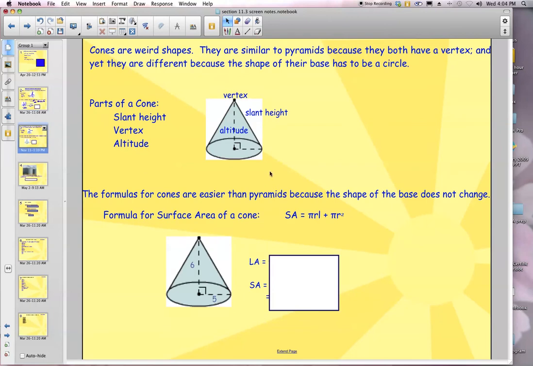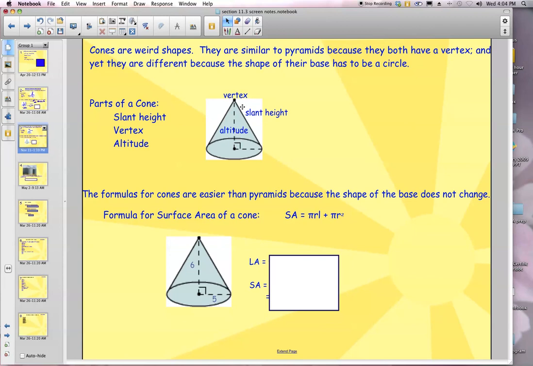When we talk about cones, cones are odd shapes, kind of, because they're similar to pyramids in the fact that the edges come up and meet at the vertex, and yet they're different because they really don't have sides. There's still a slant height because the edges come in, so there's still a slant height and an altitude.